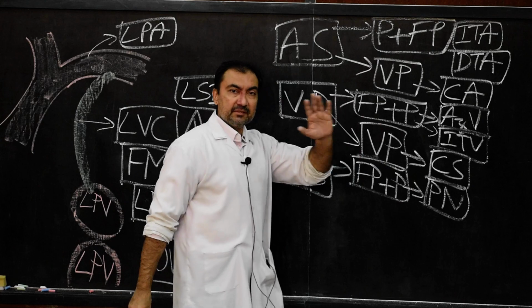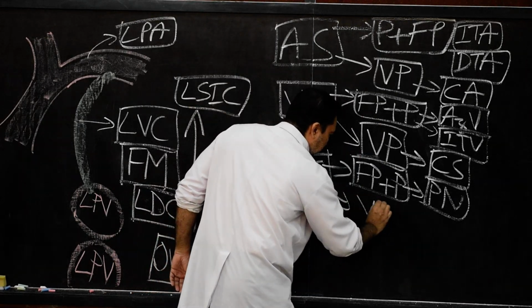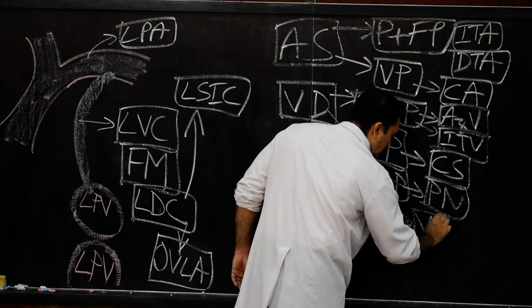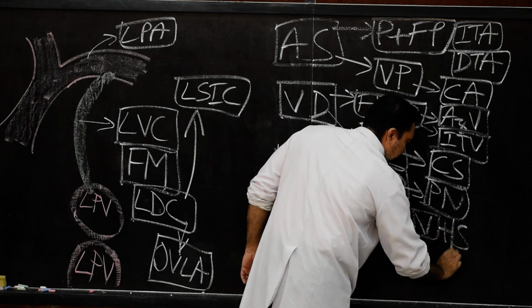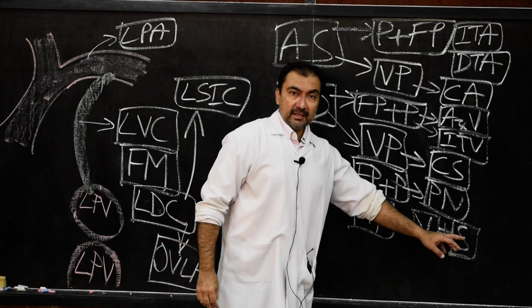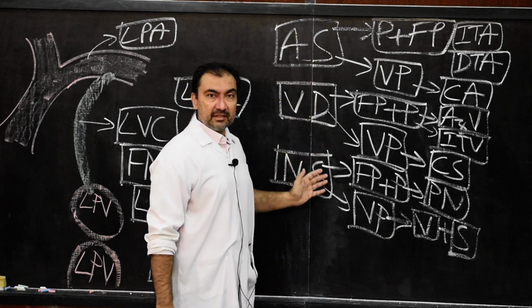Please note down, it will receive its nerve supply from phrenic nerve. Now we come to the visceral pericardium, which will receive its nerve supply from vagus nerve plus various sympathetic nerves via coronary plexus. So this is the arterial supply, venous drainage and nerve supply.